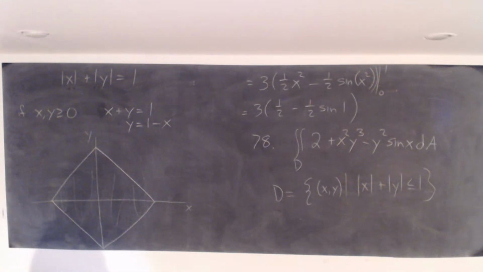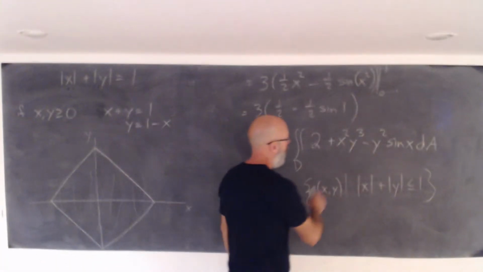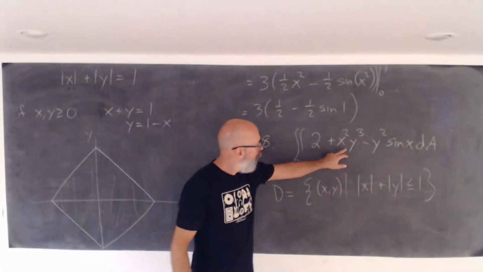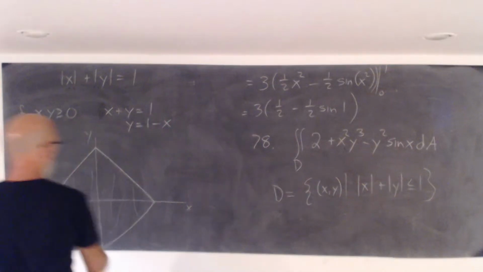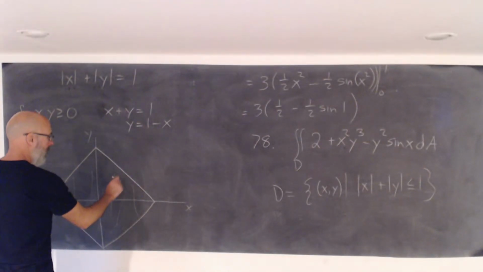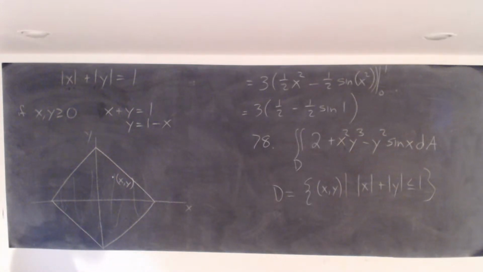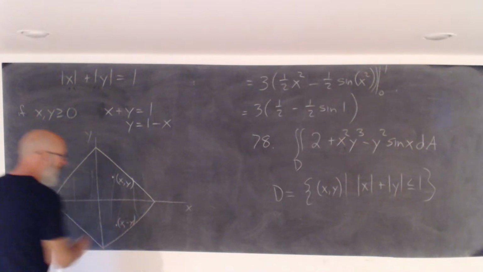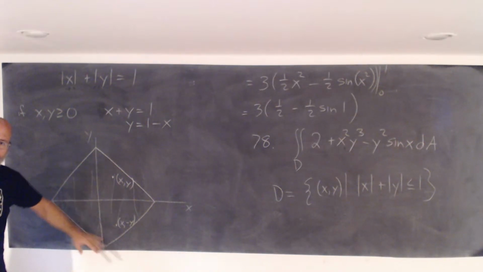And now look at your function. Look at the integrand. Don't look at all of it. Just look at this part. For any point (x, y) in this domain, you have a corresponding point (x, negative y), since it's symmetric about the x-axis.